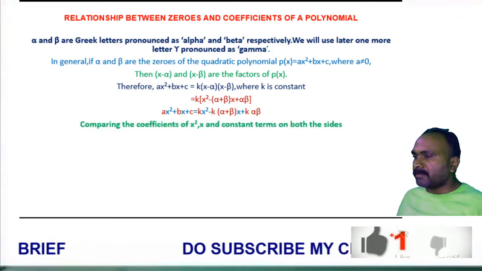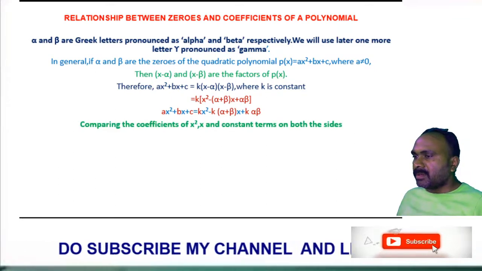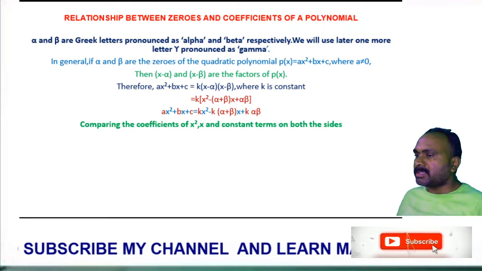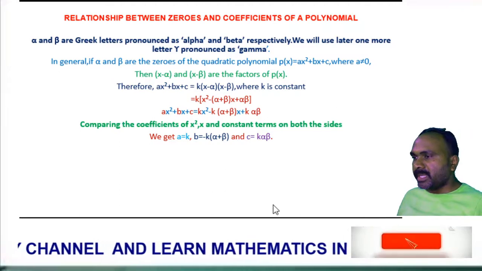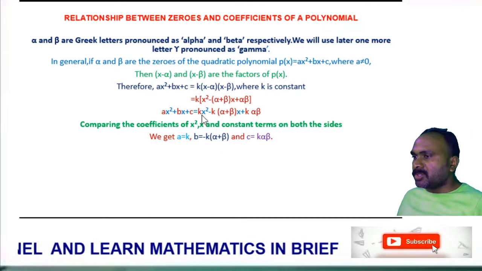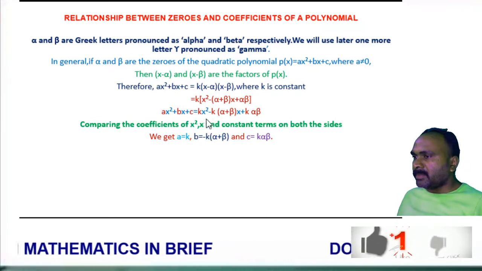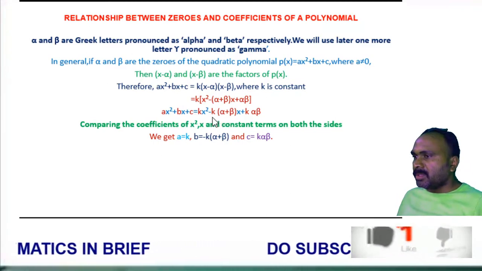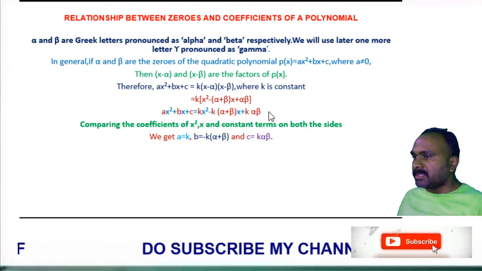Comparing the coefficients of x square, x and constant terms on both sides, we get a equals k, b equals minus k into alpha plus beta, and c equals k alpha beta.